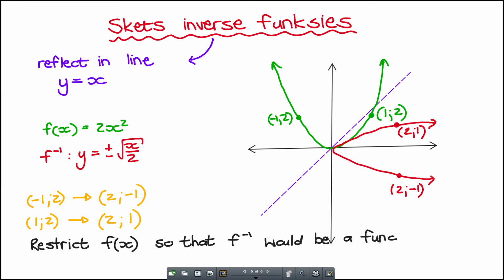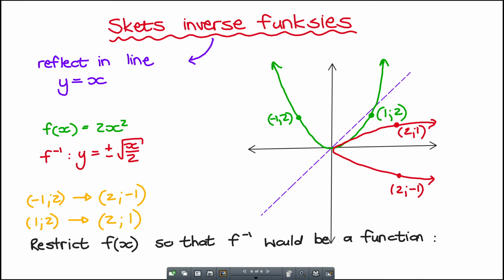So in plaas daarvan, remember the previous one? I asked you to restrict the inverse function. So then we said y must be greater than 0 or y must be less than 0. Remember that? Okay, but now I'm asking it other way around. I'm asking you to restrict the green graph, the original, the fx, so that the inverse would be a function.